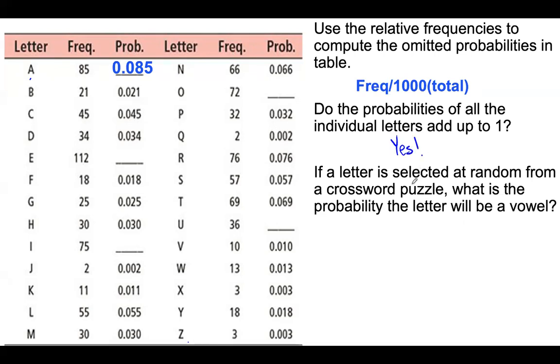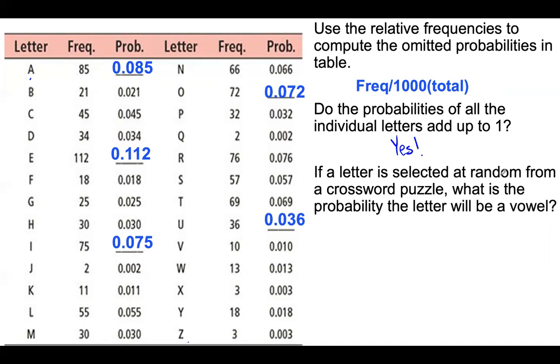I think you should just pause the video here and add them up and check. Then we could do the next one. E would be 112 divided by 1,000. Next one would be 0.075, 0.072, and the last one.